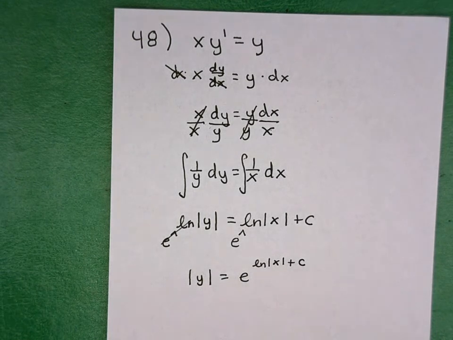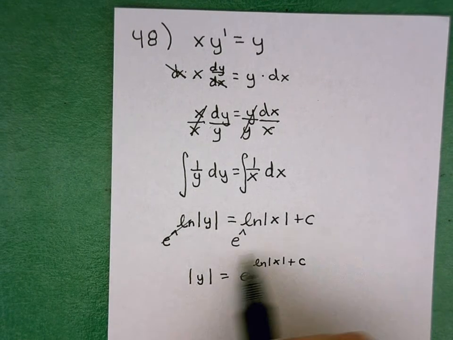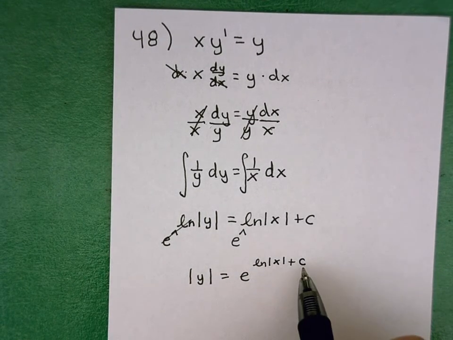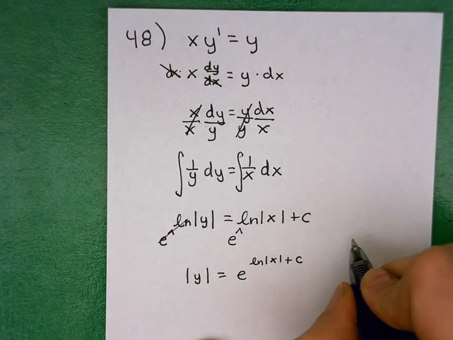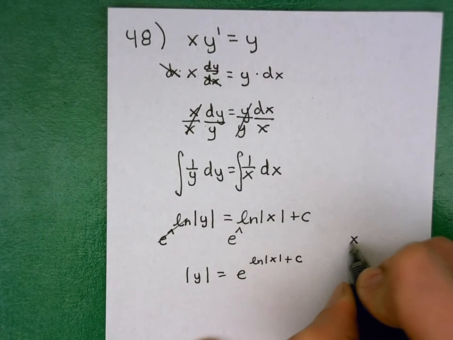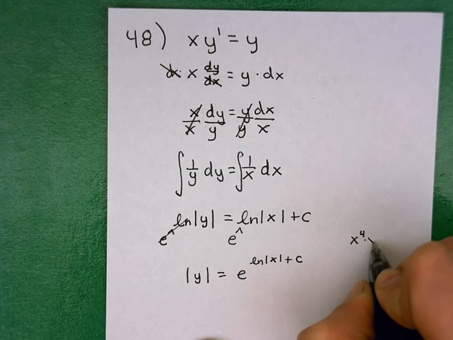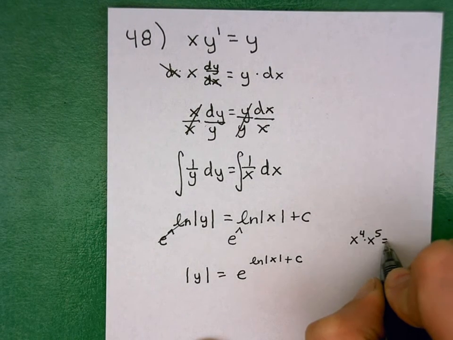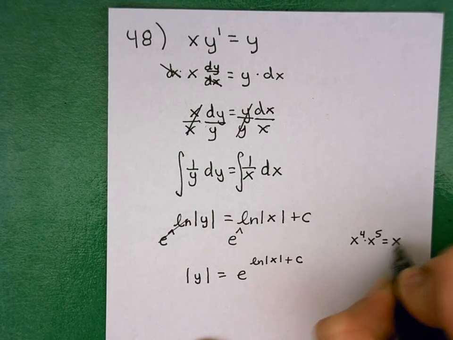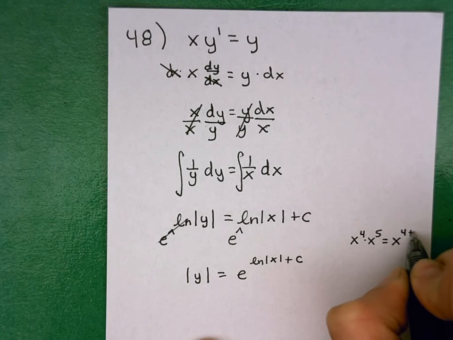And so what that allows us to do is actually simplify this equation a little bit further. Going back to our properties of exponents, if we had two like bases being multiplied together, we solve that by adding the exponents, right?